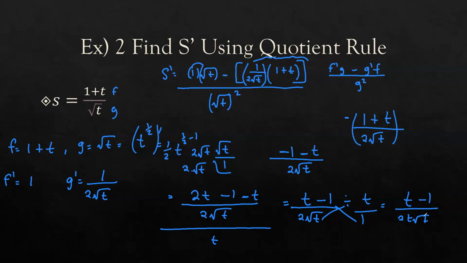So your final answer will be, let me write it, s prime is t minus 1 over 2t radical t. And that is the most simplified I can get.